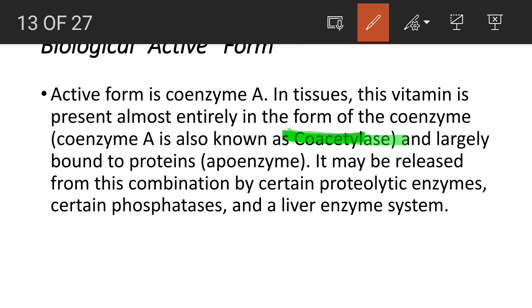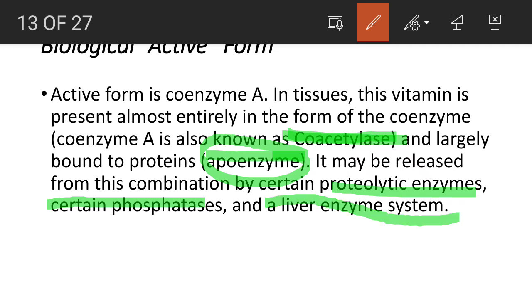So this is coacetylase, coenzyme A, and largely bound to proteins, hence the term apoenzyme. It may be released from this combination by certain proteolytic enzymes, certain phosphatases, and a liver enzyme system.